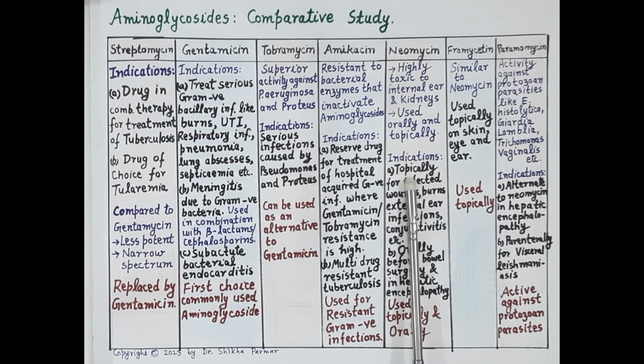Indications of neomycin: it is used topically for infected wounds, burns, external ear infections, conjunctivitis, and other infections caused by gram-negative bacteria. Absorption of neomycin is minimal when given orally. So, administration of neomycin orally before bowel surgery may reduce post-operative infections. So, here it is given orally.